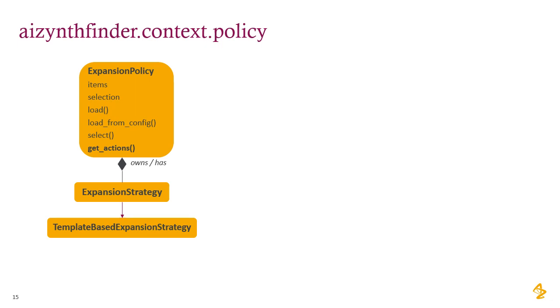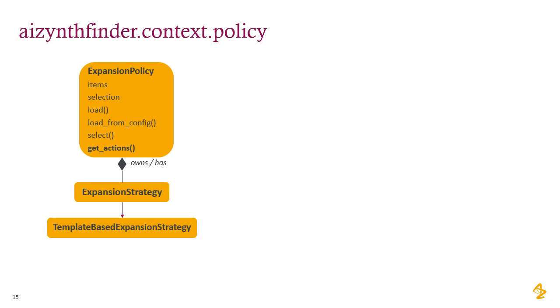Then it has a load function and a load from config in order to add and load items from some place like a disk, a serialized item. The items that the expansion policy holds are of the type expansion strategy. So this is an encapsulation of an algorithm that produces precursors, or rather it produces retroreactions.